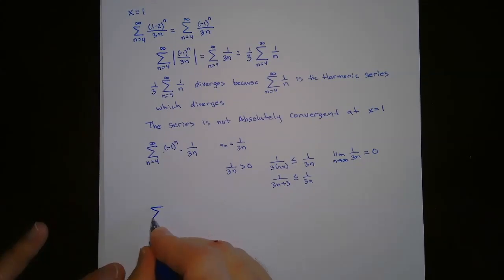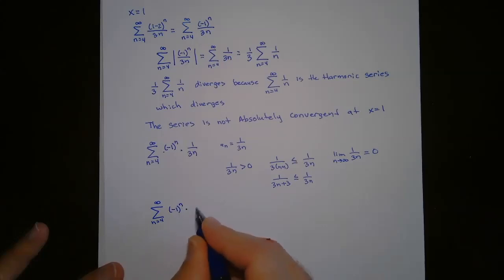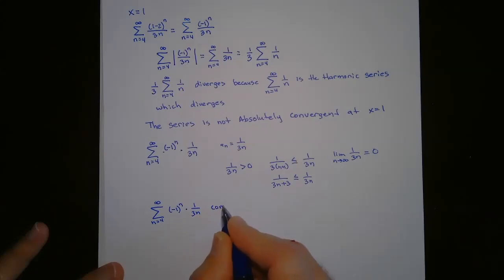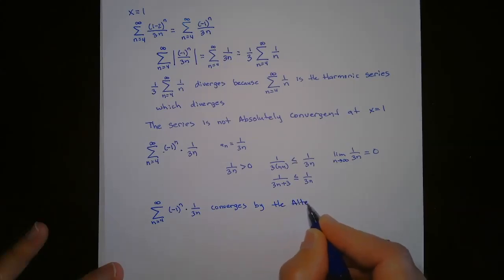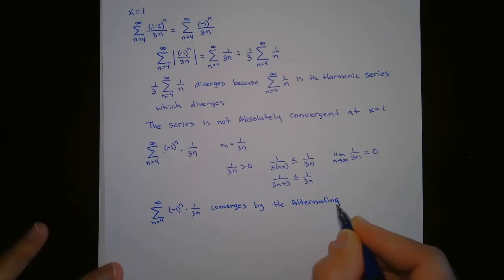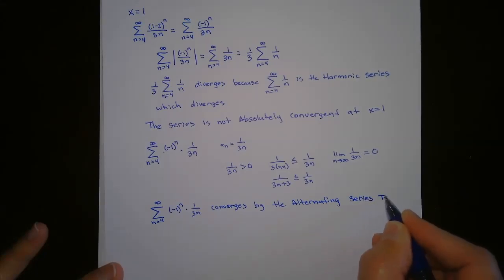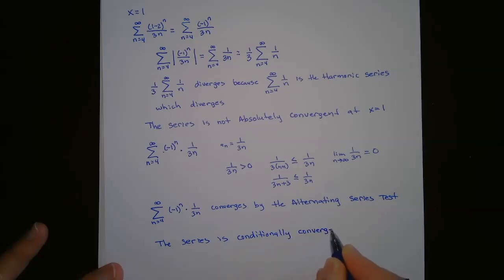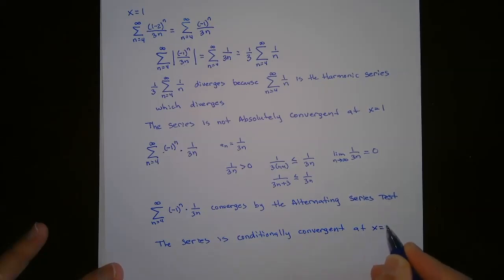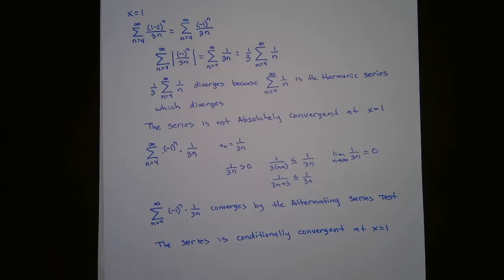We know that the series sigma n equals 4 to infinity of -1 to the n times 1 over 3n converges by the alternating series test, which means our original series is conditionally convergent at x equals 1. Okay, so now we need to do at x equals 3.